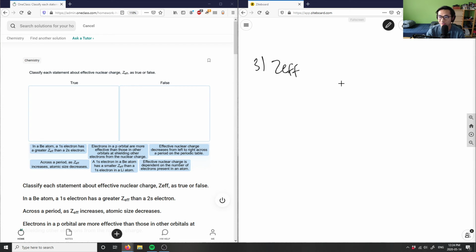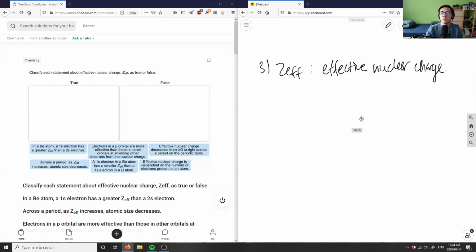What we're doing here is we care about this concept of effective nuclear charge, right? So let me write this down here. Effective nuclear charge. What is effective nuclear charge? You can think of this as the net positive charge experienced by an electron in a multi-electron atom, right?